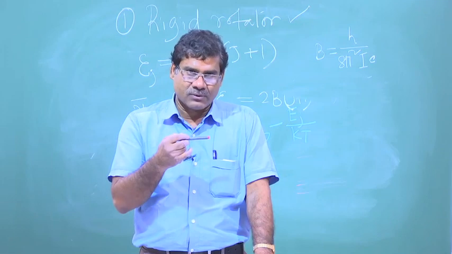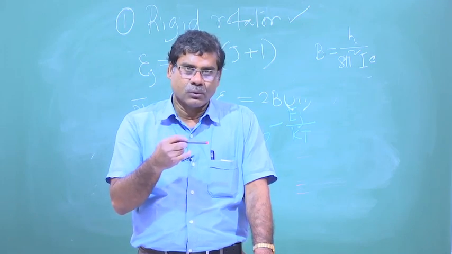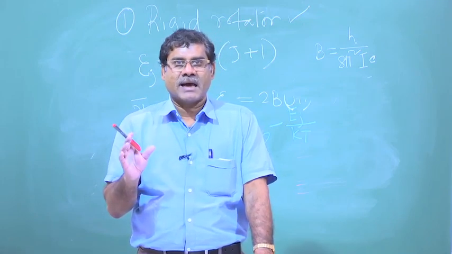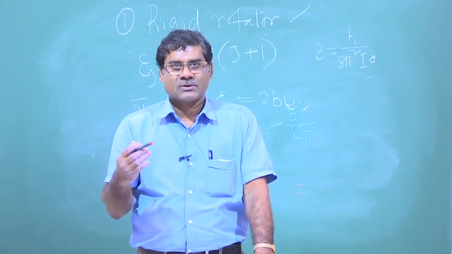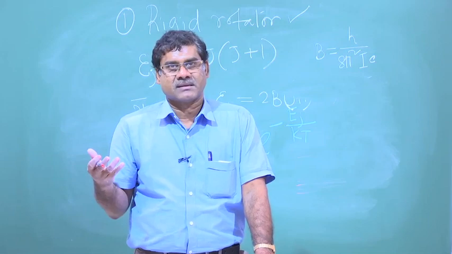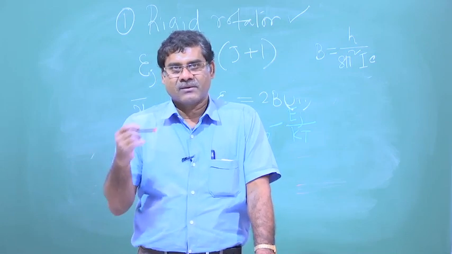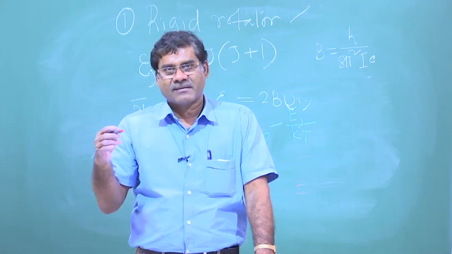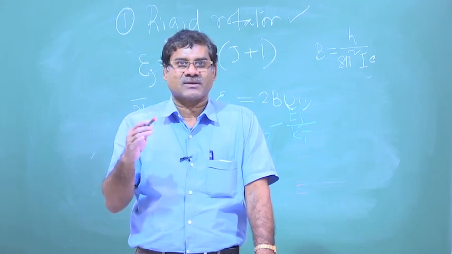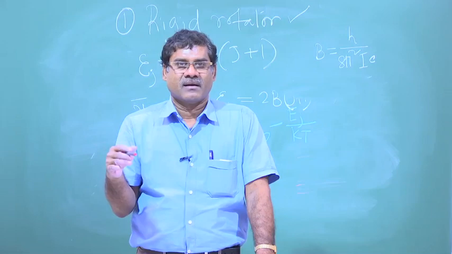So for j equal to 1 to 2, whatever intensity I get, if the population is 90%, I get 90% of the intensity. Then for 2 to 3, with 2% population, the intensity compared to the first one is just 2% of that.